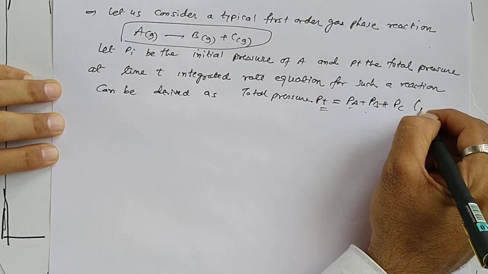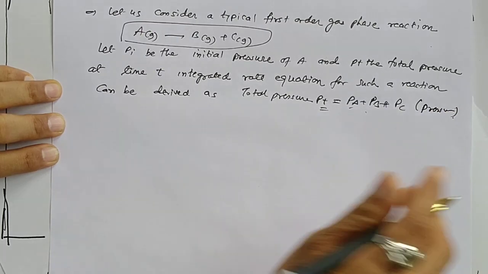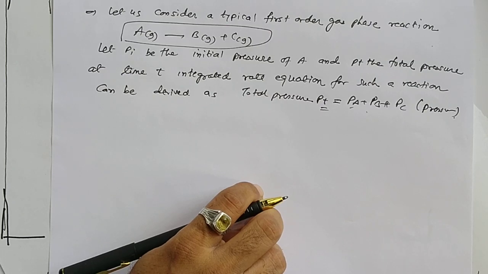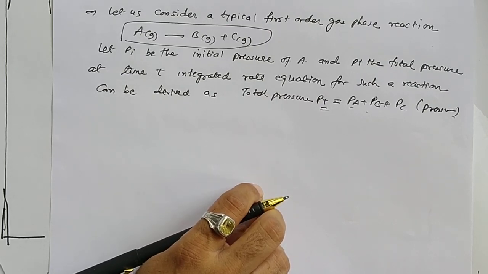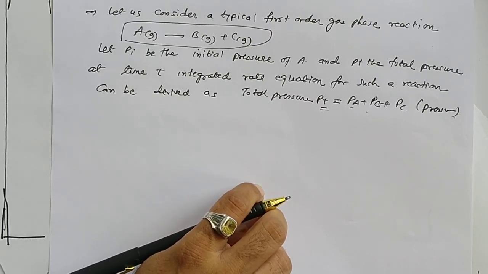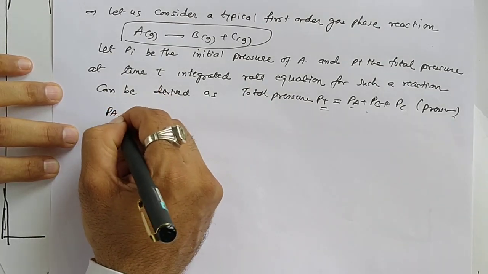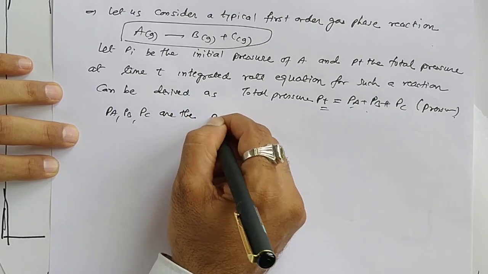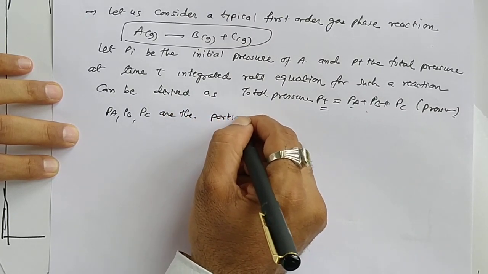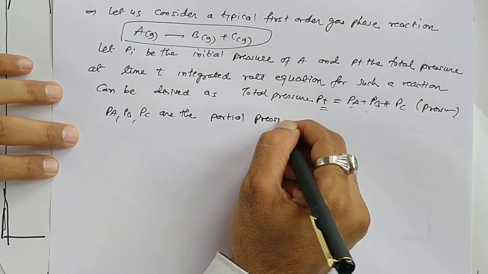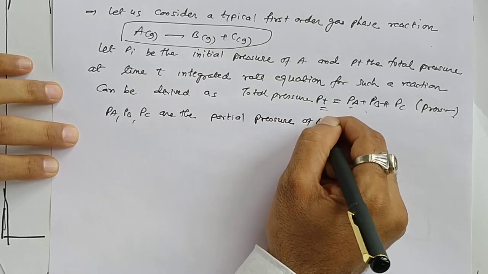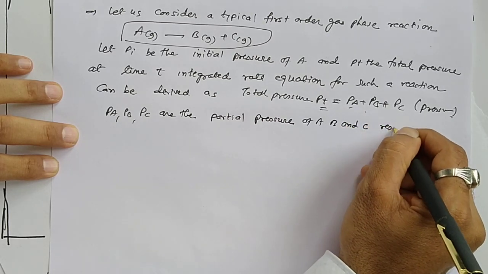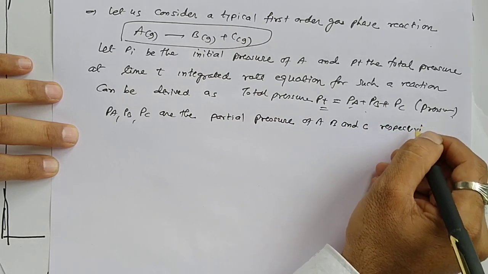Here P means pressure of the A, of the B and of the C. Pa, Pb and Pc are the partial pressures of components A, B and C respectively.